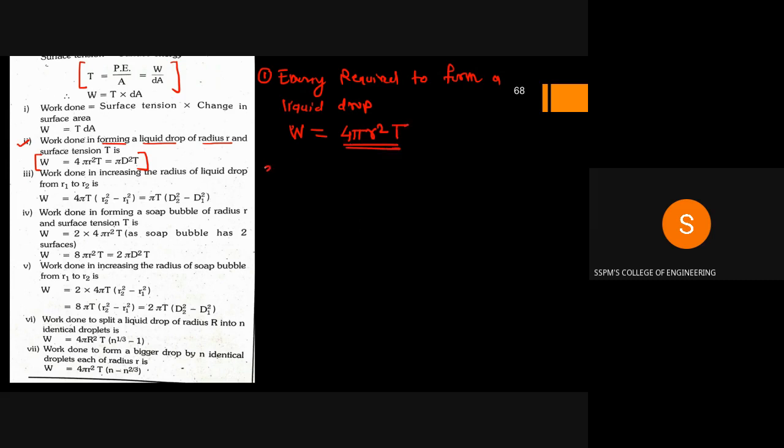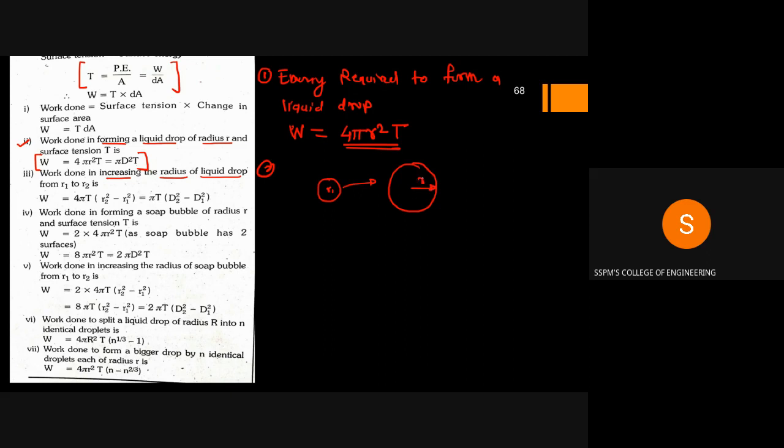Second, work done in increasing the radius of a liquid drop from R1 to R2. That means if you have one liquid drop having the radius R1, we want to increase the radius. So this is the bigger drop.